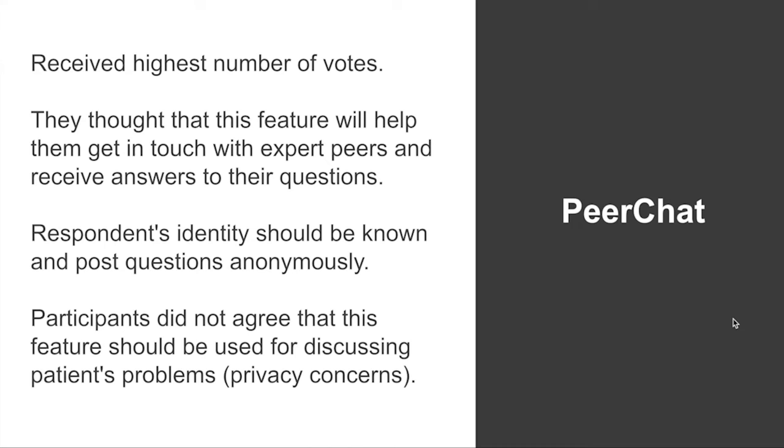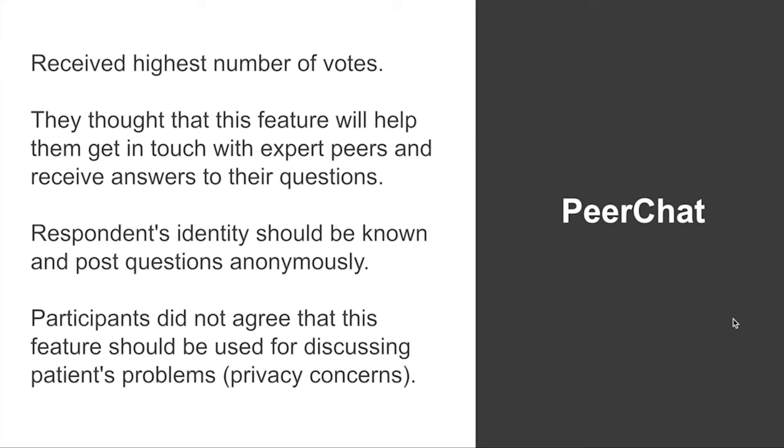The next feature was peer chat. And this feature received a high number of votes for inclusion. Participants were very excited to see that they will be able to contact their more expert peers and ask questions.